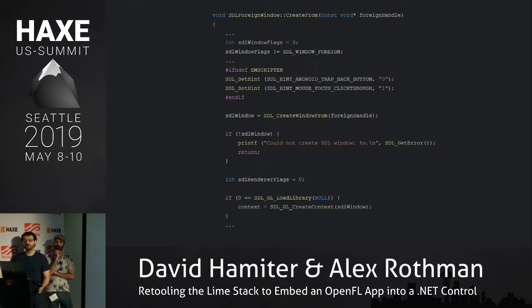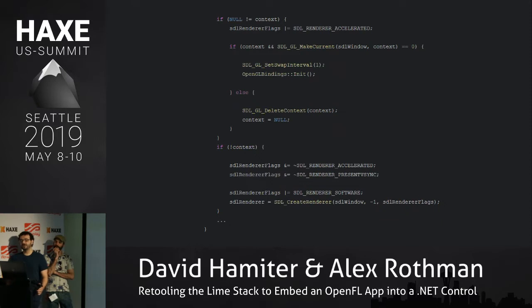And then it attempts to create a context, a render context in this case. If it successfully creates a render context, then we do some more OpenGL bookkeeping. And then we check it at the end there. If after all of this we do not have a context, we initialize the software render.